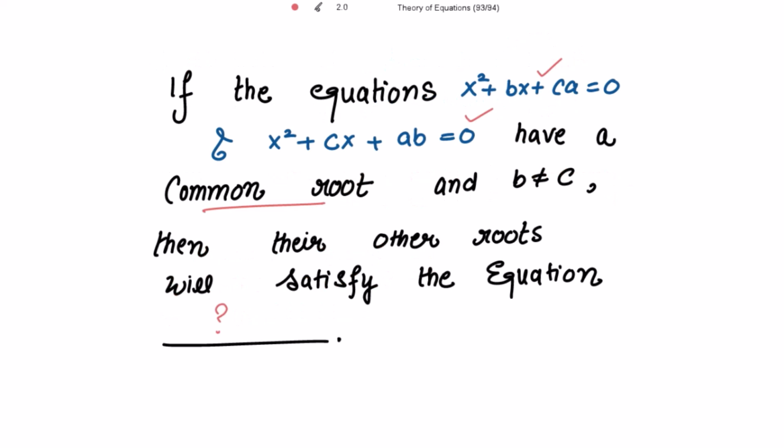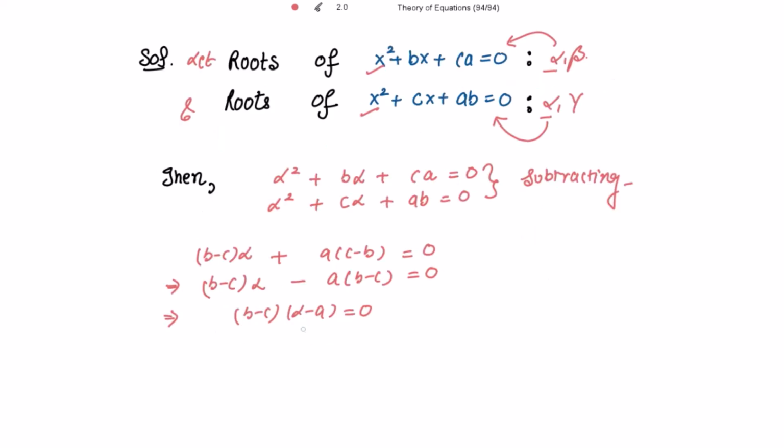It is given to us that b is not equal to c. So we take this factor to be equal to 0, that is alpha minus a is equal to 0. So we get alpha is equal to a. Please mark this as 1.